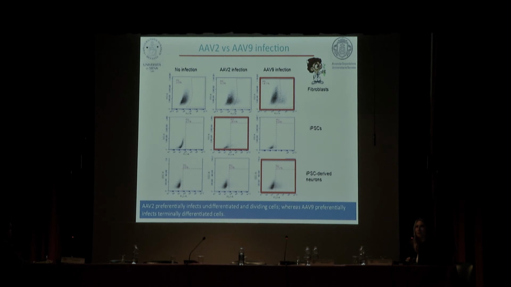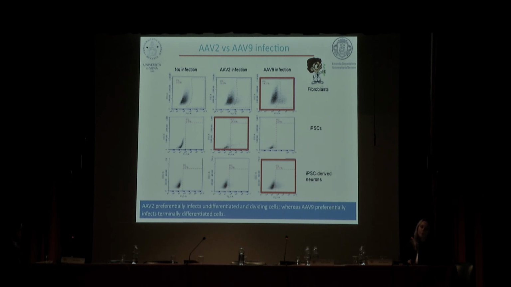And then we decided to test if different viral serotypes could have different efficiency. And here you can see a FACS analysis with negative control, so non-infected cells, and the cells infected by adeno-associated virus 2 and adeno-associated virus 9.